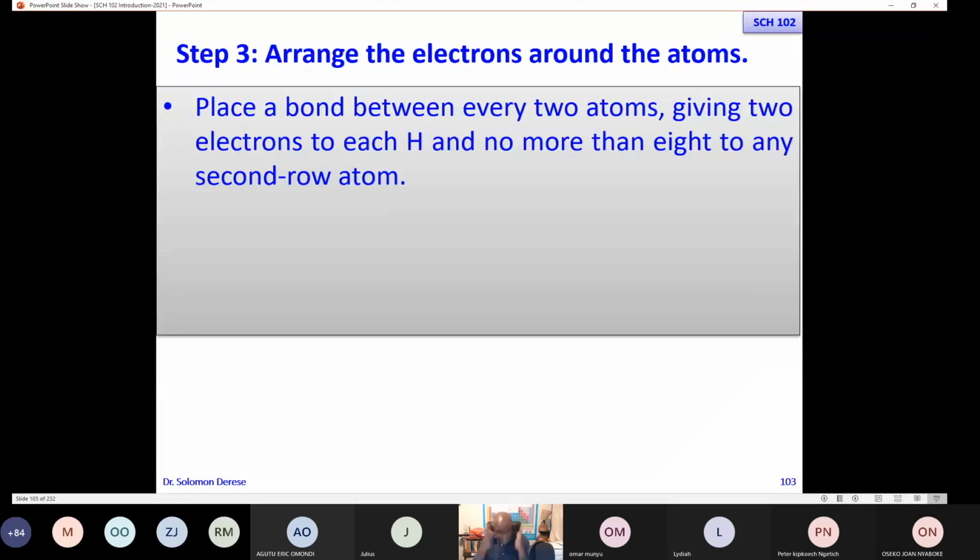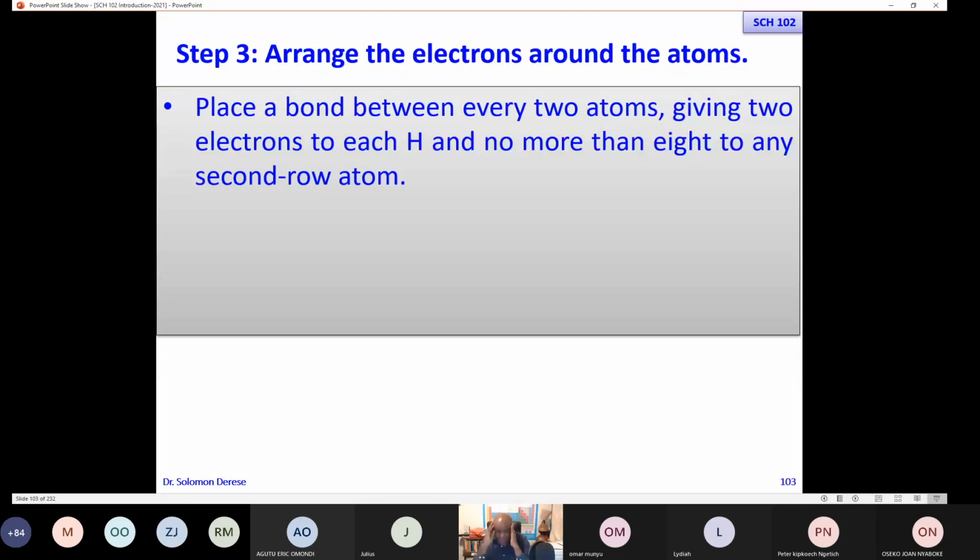When you add these electrons, of course, you follow the simple concept we have talked about. If it is hydrogen, you should not have more than 2 electrons around each hydrogen. Then if there are second row atoms like carbon, nitrogen, oxygen, etc., which follow the octet rule, we should not have more than 8 electrons around them.